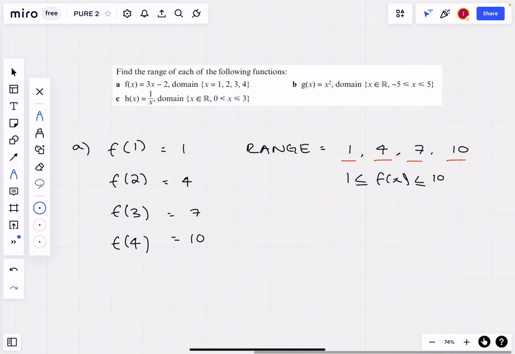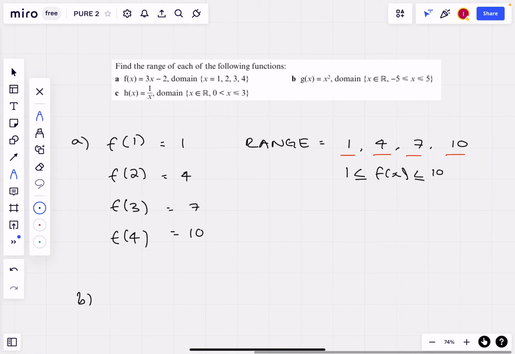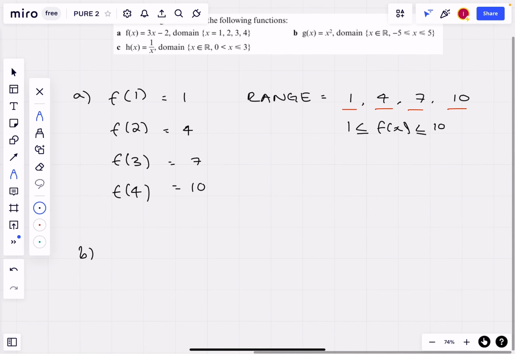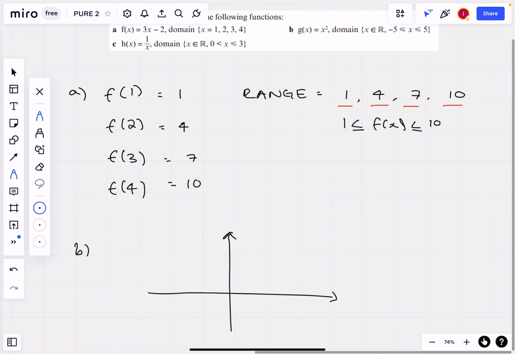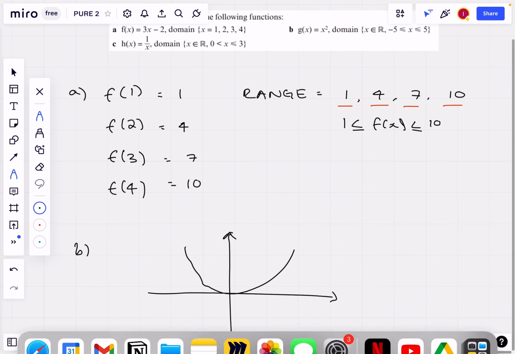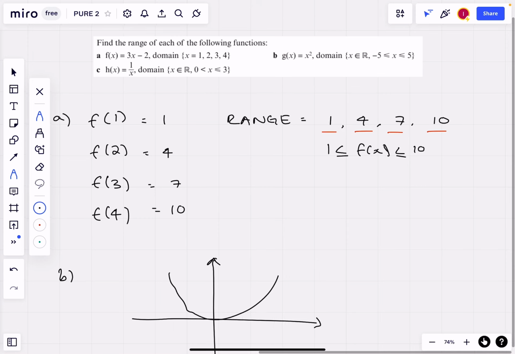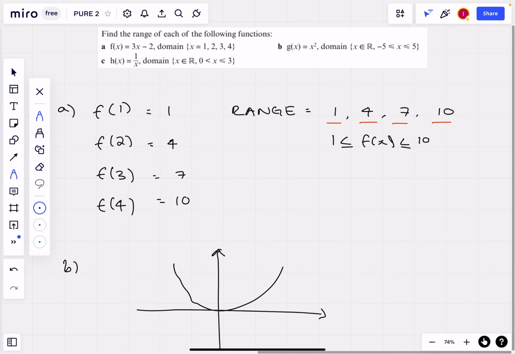Cool. Let's do B. You've got the function x squared. So let's just draw x squared. x squared is going to look something like this. They've told you here that the range of x values is going to be from -5 to 5. So any number within those two limits.